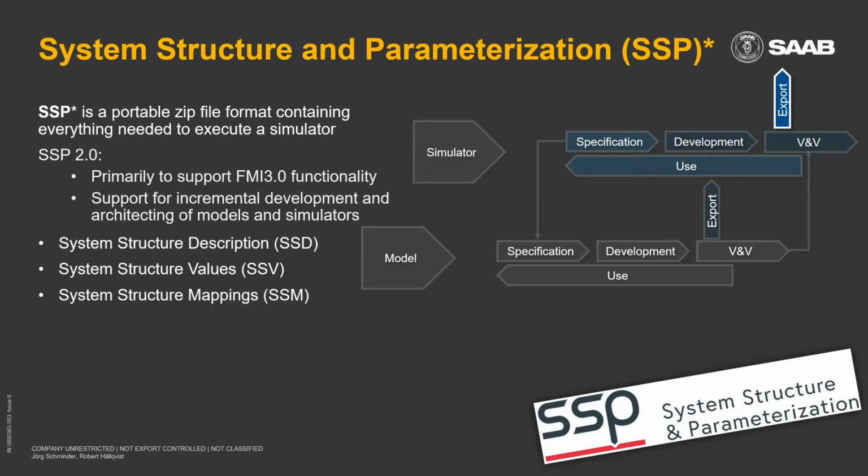So SSP is a portable zip file type format, just like FMI, that contains everything, in quotation marks, that is needed to execute such a simulator. Just to advertise the latest version of the standard, SSP 2.0 has been released slightly less than a year ago.